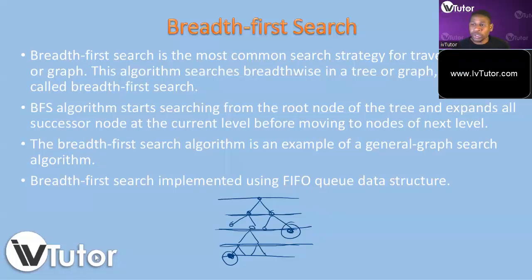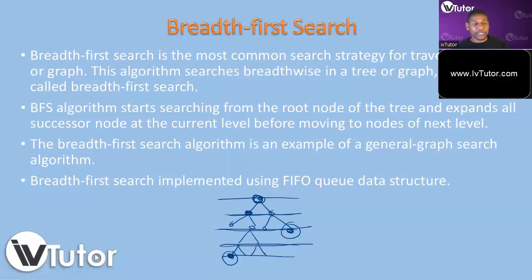There are some terms that we're going to learn now that help with these strategies. From the root node, or from the start state, your breadth first search is going to expand the root node, or the successor node at the current level, before moving to the next level.